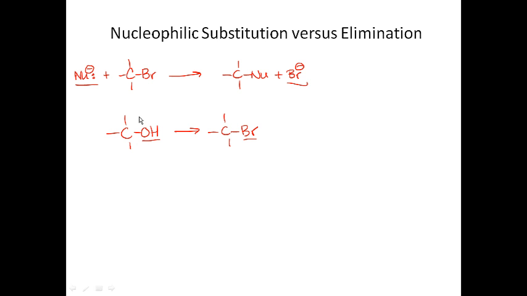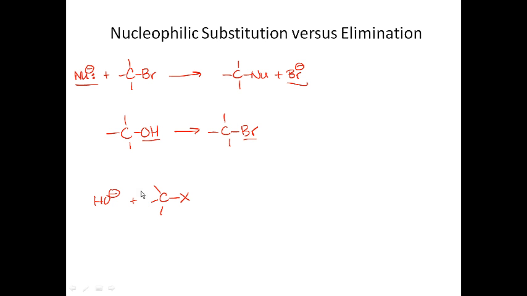Now, typically in a nucleophilic substitution reaction, I'm just going to make one up here and use hydroxide ion, and I'm going to react that hydroxide ion with just a generic organohalogen or alkyl halide. So X could be chlorine, bromine, or iodine. Could be fluorine as well.